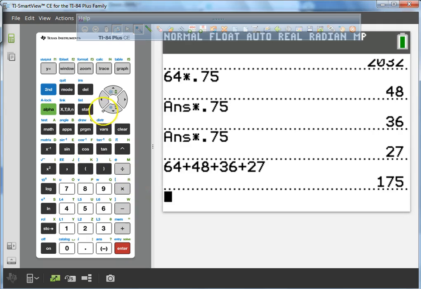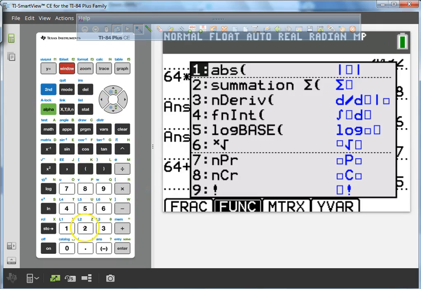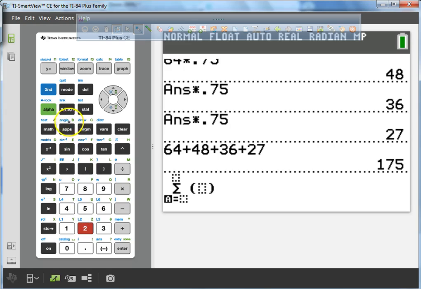Okay? But you could also, ready? Hit alpha window. Number 2, I'm going to put x, 1, 4 terms. What's our first term? 64. What are we multiplying that by? 0.75, not 0.4, 0.75 raised to the power of x minus 1.